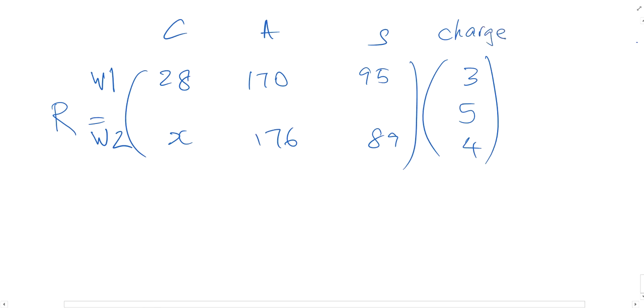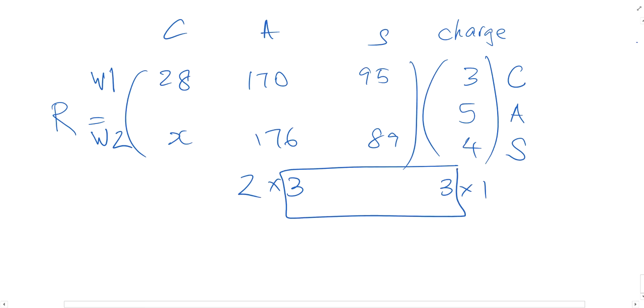And the rows, what do they represent? Different groups of people. So now, we wrote 2 by 3 and 3 by 1. The 3 and the 3, they are the same, right? They will cancel out. What do these 3 refer to? CAS. They cancel out.